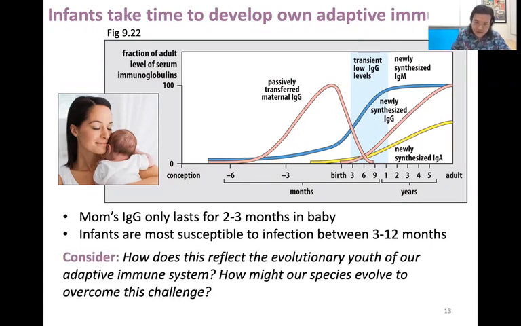But what I want you to think about is this. This actually reflects where we are in evolution of our species, of our adaptive immune system. I said that antibodies represent the newest invention, and our ability to pass on these antibodies to our newly born children is part of that innovation of how to protect them.